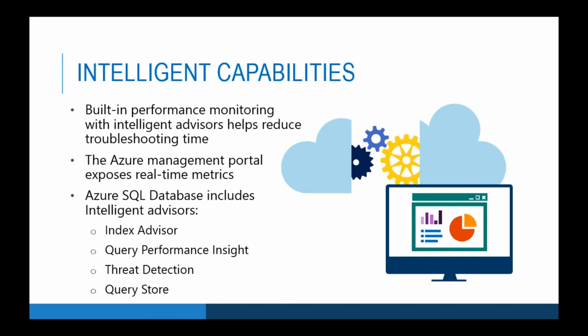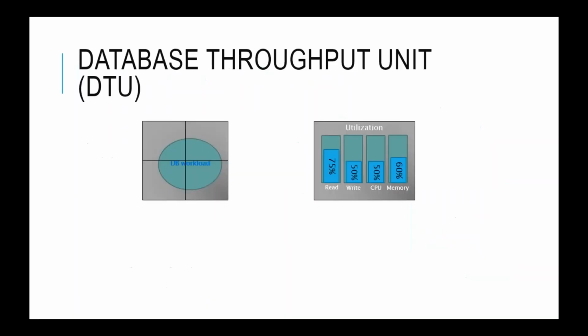Microsoft is using Azure ML to give you some of the advice on the threats, or some of the suggestions for the new indexes. This is one of the huge reasons you should consider Azure SQL database.